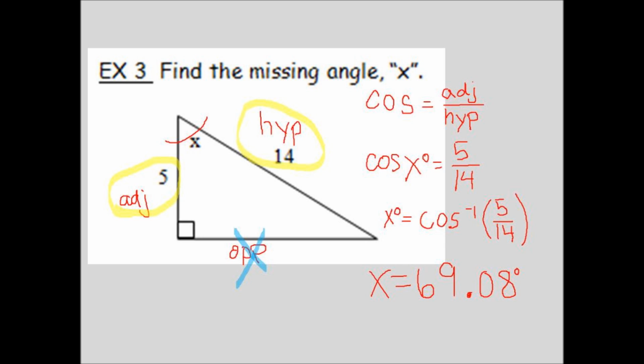So in your calculators, hit second, cosine, 5 divided by 14. So our x value would be 69.08 degrees, and that would be the angle value. That's how you find the missing angle in a right triangle using trigonometry.